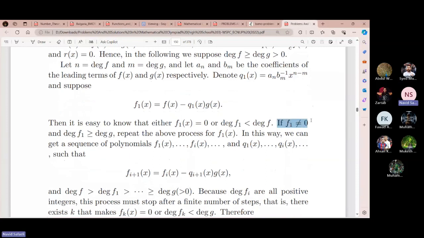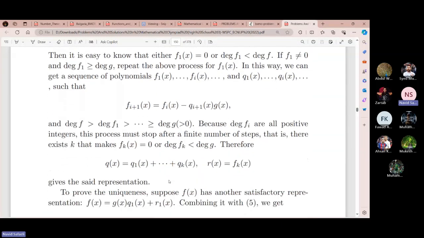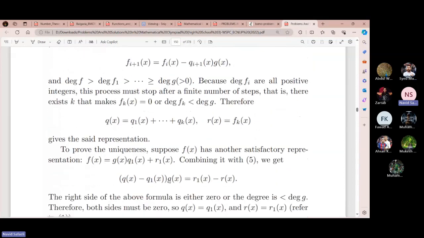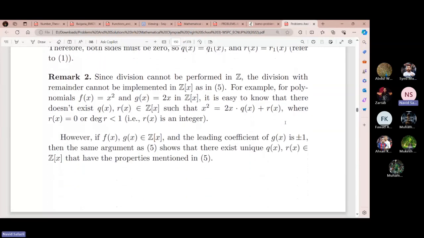So if f1 is not 0 and we have this, we can use the induction hypothesis for f1 instead of f. And every time we can repeat this procedure to finally find this. But there is no need to prove this important fact, just remember it. Okay.